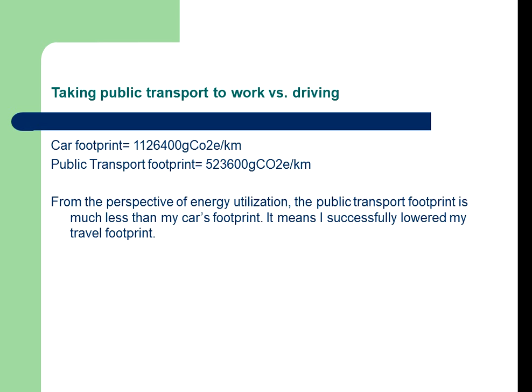It means I successfully lowered my travel footprint. So this is the main consequence of my presentation, to prove the public transport footprint is half of, or very much less than, the car footprint.